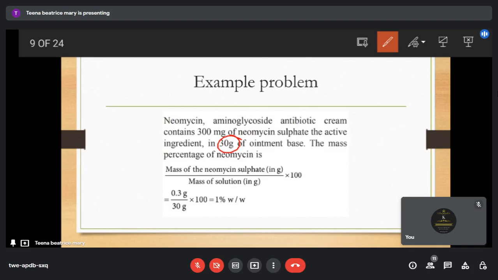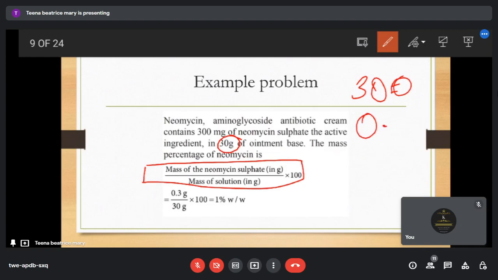So the mass percentage of neomycin, again we have to go with the formula. The mass of neomycin sulfate is given in milligrams, so we have to go with the conversion. 300 milligram is equal to how much gram? 0.3 gram. That is divided by 30, the total constituent of the ointment base, 30 gram.